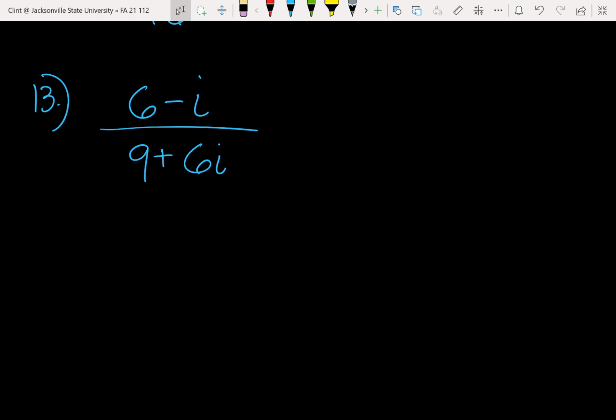So when we're dividing complex numbers, we're really going to multiply by something over itself, right? What do we multiply by on this one? 9 minus 6i, yeah. So the conjugate is what it's called, but you don't have to necessarily remember that.